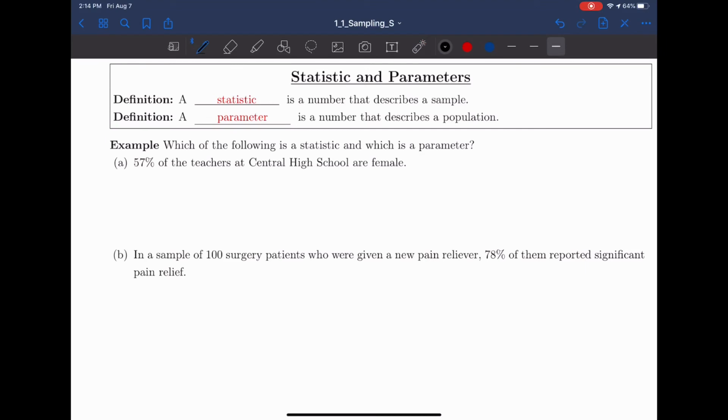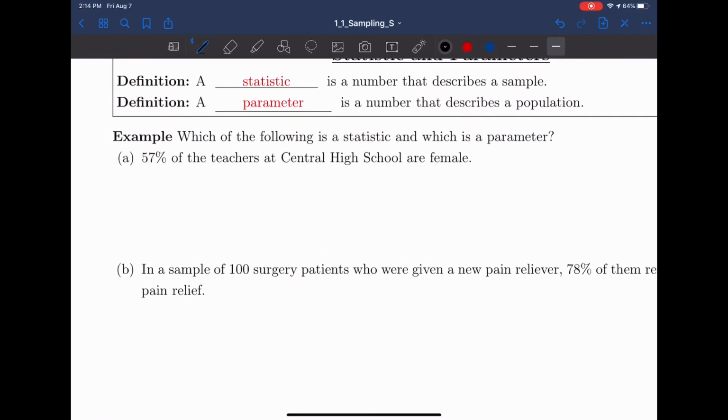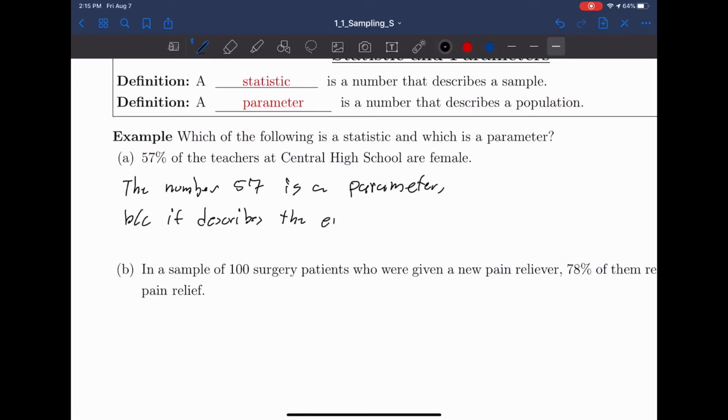So for this one, the number 57 is a parameter because it describes the entire population of teachers in the school.